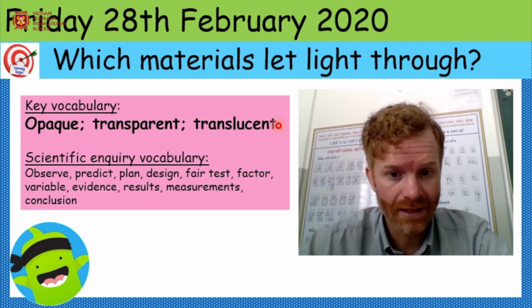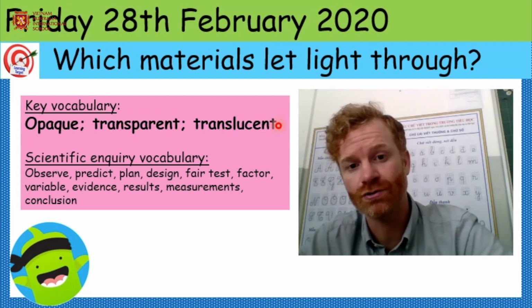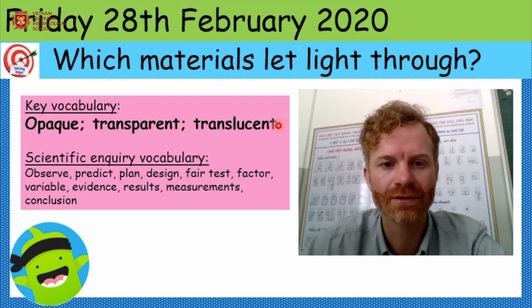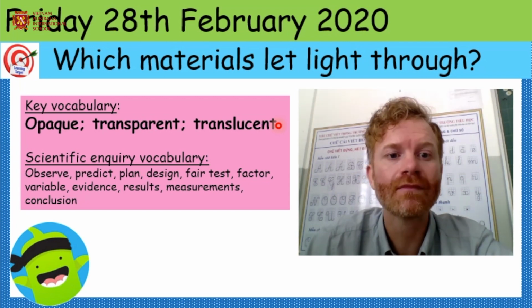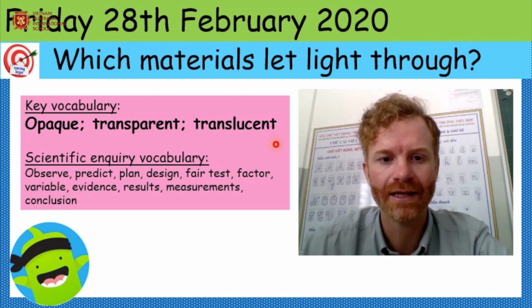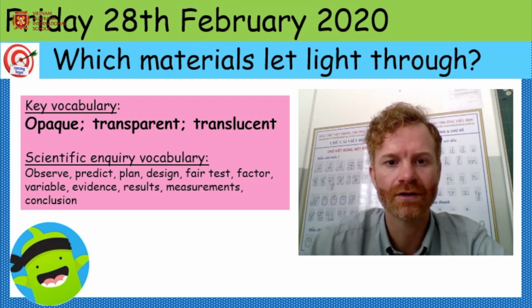So, what we did yesterday, we did a bit of a sorting activity: which materials are opaque, which are transparent, and which are translucent. So hopefully you remember the meaning of those words. But today we're just going to go through it and make sure that you remember them, because they are really, really important. So let's move on to the next slide and see what we're going to do.